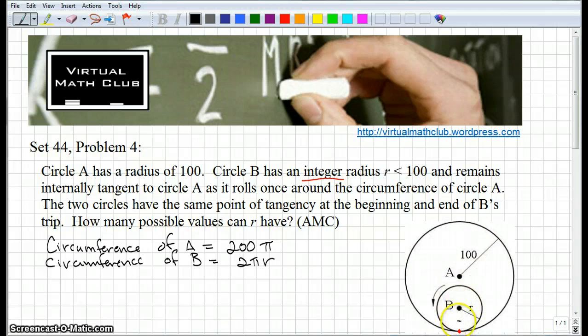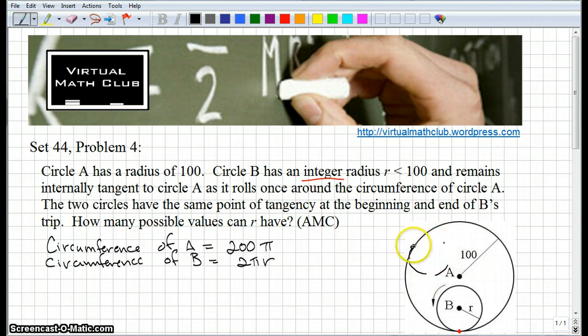Okay? Because you can imagine that as you roll B around, when it goes one time around, let's say it ends up here, and there's another point of tangency here where they match up.